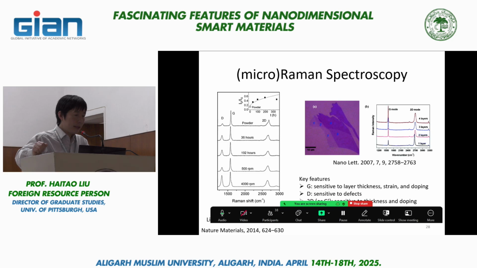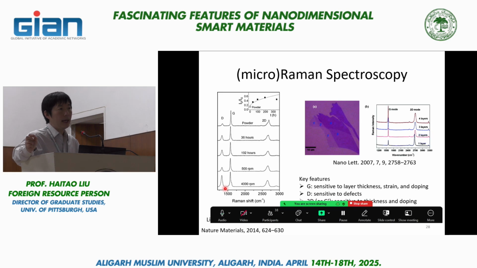Now, on the left-hand side, I also show additional data taken from liquid exfoliated graphene. If you compare these two, you'll find there's one additional peak around 1350 wave numbers. This one is the so-called D peak, or you can think of it as the defect peak.